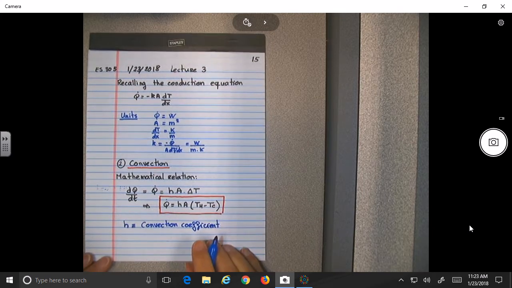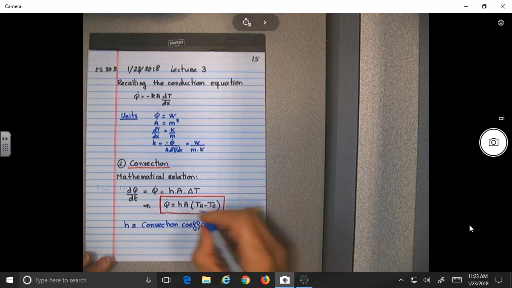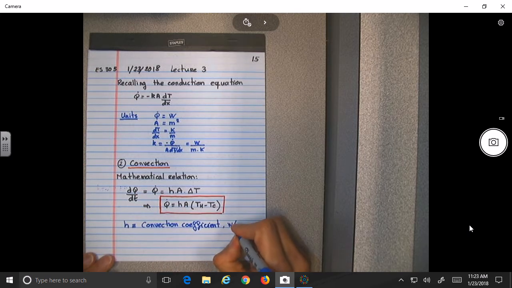I mean, now that we did it before, what should be the units for this one? What are the units for Q? Watts. What will be the units for A? Meter square. And what will be the units for temperature? So the units of H will be watts divided by meter square Kelvin, no?